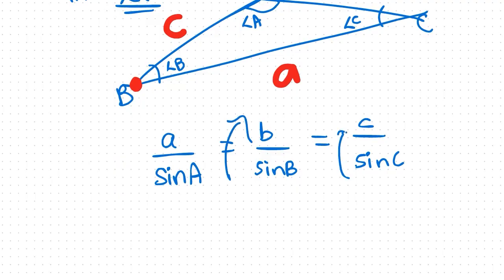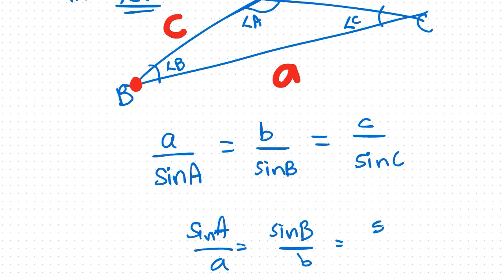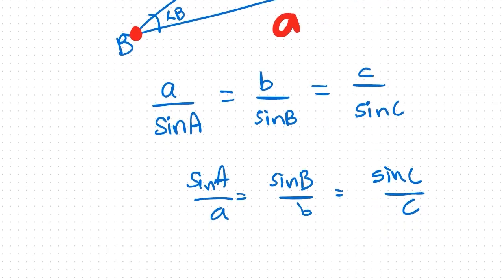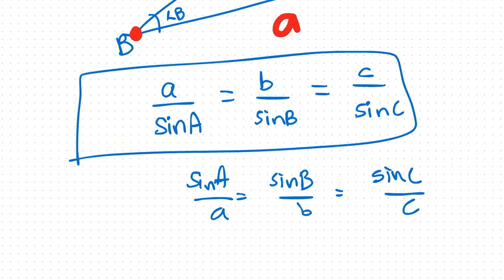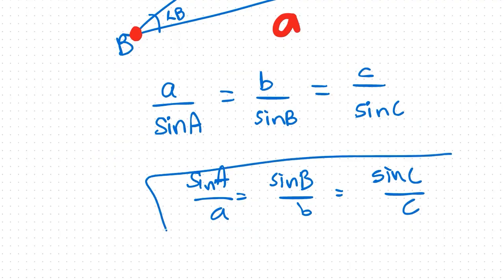So it's sine A by a, sine B by b, sine C by c. This is the most popular one to study. So that's about sine law, and that formula is important.